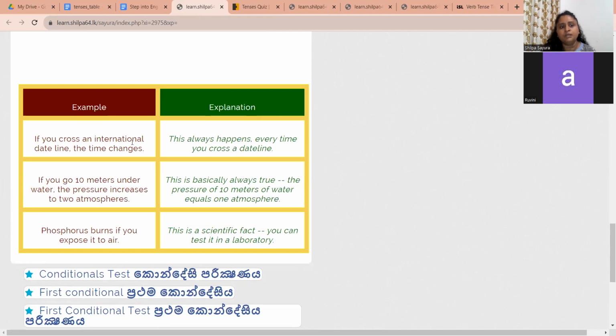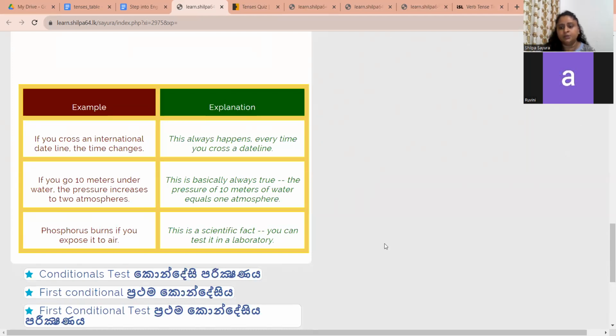If you cross an international date line, the time changes. So, right? The time changes compared to Greenwich time. Say that at this time, now what is the time right now? Yes, 8:27, right?